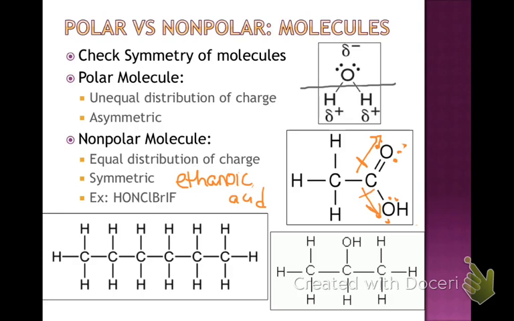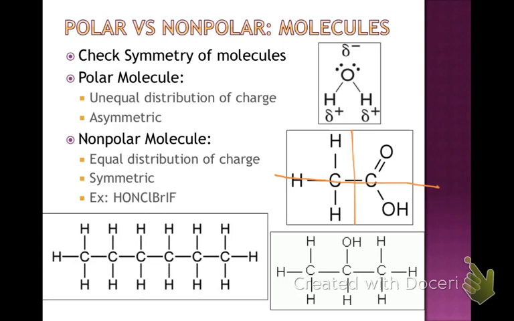So the oxygen tends to be partially negative, whereas that carbon tends to be partially positive. This has unequal distribution of charge and is asymmetric, because if you try to cut this in half, or at least show some line of symmetry, no matter which way you try to cut it, if you fold it upon itself, it's going to be asymmetric. So this is a polar molecule.